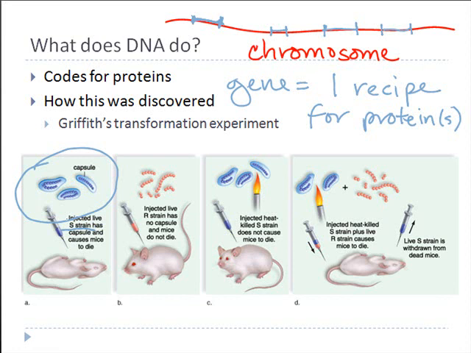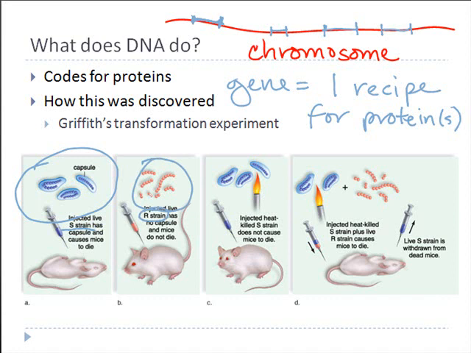So when he injected the mice with the bacteria from the S strain, the mice died. Now, when he would take a different variant of the same bacterium called the R strain, and inject it into mice, the mice would not die.